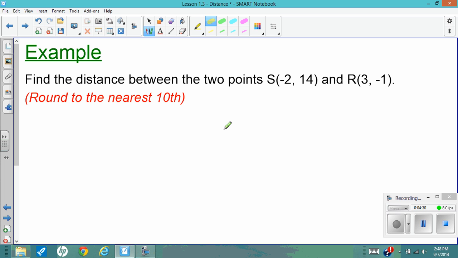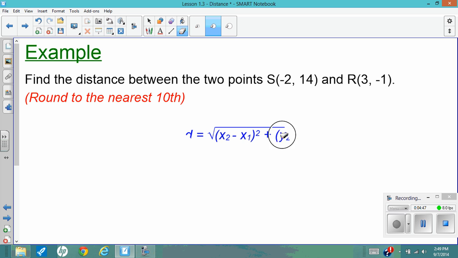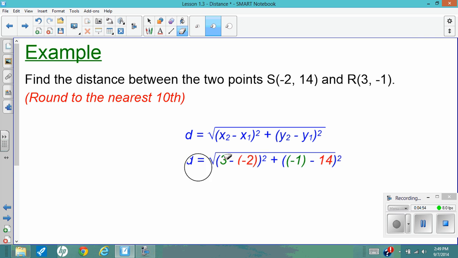So as in the other videos, I want you to pause now and try this example on your own. Feel free to use your notes and use the distance formula. Make sure you write the formula at the beginning. Write it every single time. So as I said, I wrote the formula at the beginning, and now I can plug in my values for x1, y1 and x2, y2 straight into the formula, and I can simplify.